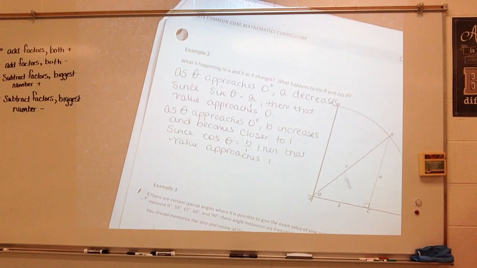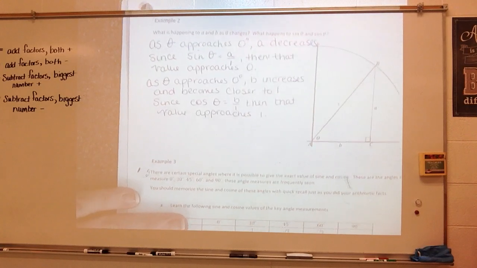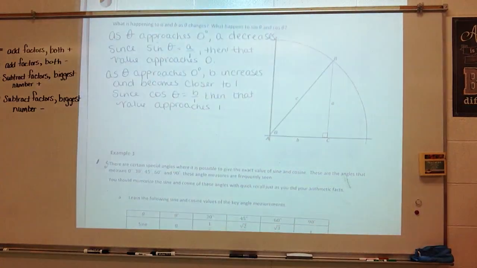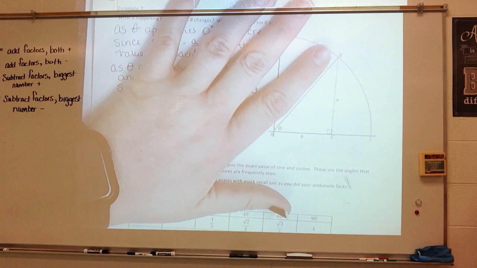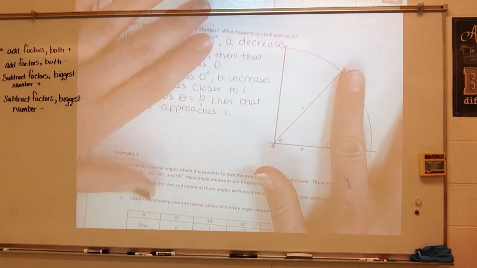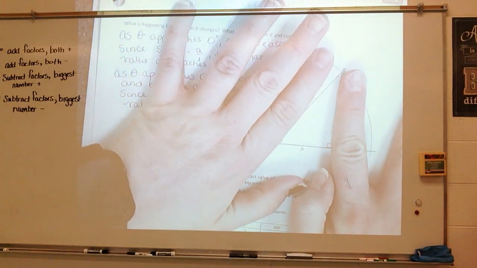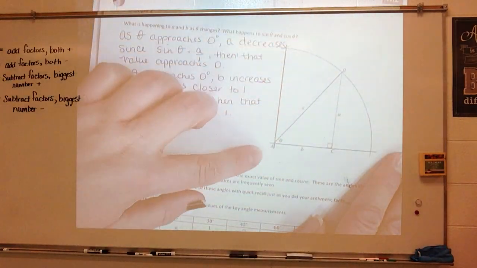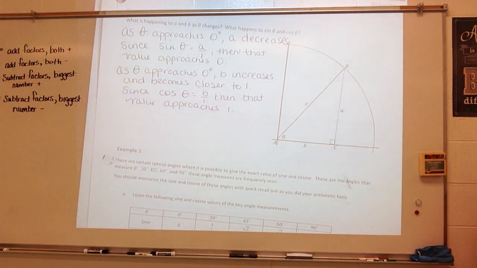Now let's talk about what happens as it approaches 90 degrees, which means now my angle is going to open up. We're going to put our finger here. As that angle opens up, what happens to A? A has to increase in order to accommodate that bigger angle.